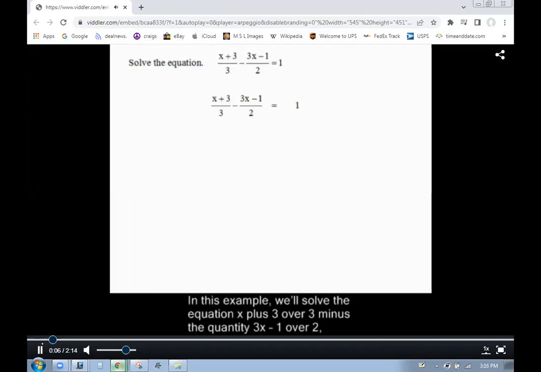In this example, we'll solve the equation (x + 3)/3 minus (3x - 1)/2 equals 1. The least common denominator is 6. So I'll multiply both sides by 6.